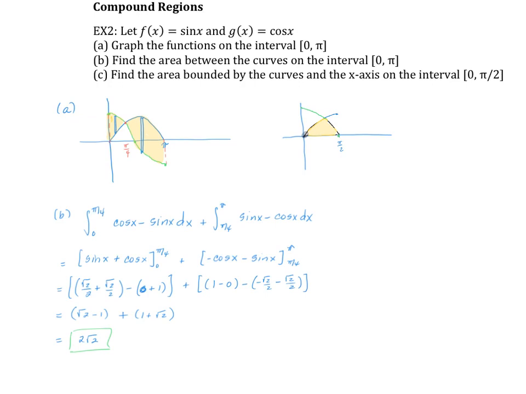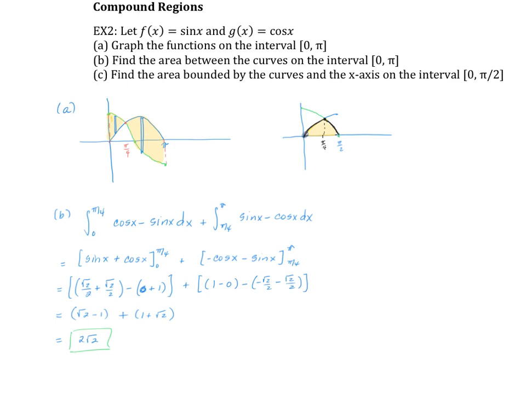Okay? I start out with an upper function of sine. And then here, at pi over 4, it changes. And then cosine becomes the upper function.